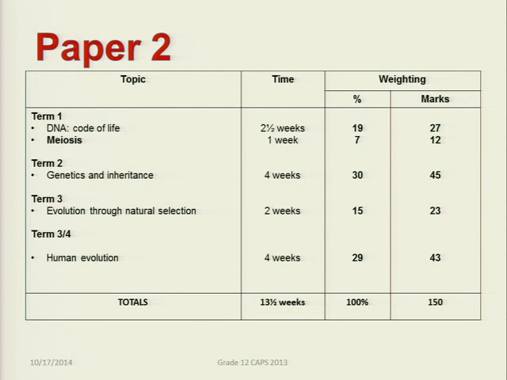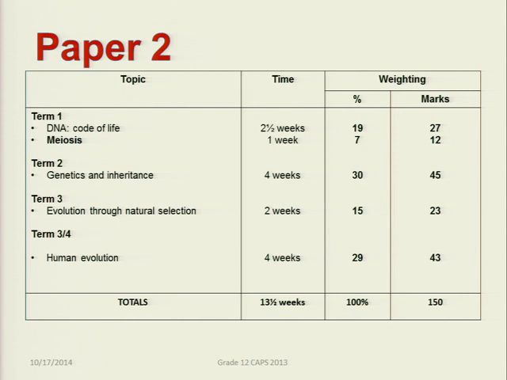Then I want to refer you to the contents of paper 2, that is what is entailed in the DNA code of life. Under the DNA code of life, we are studying the structure.